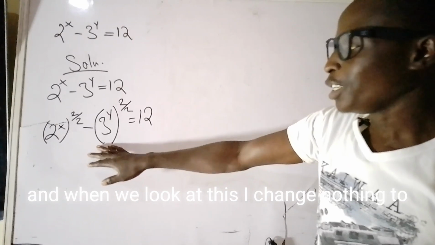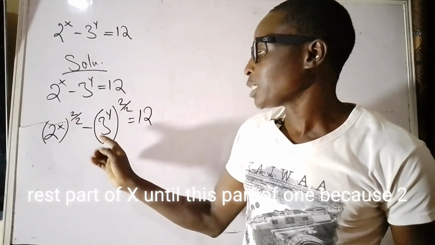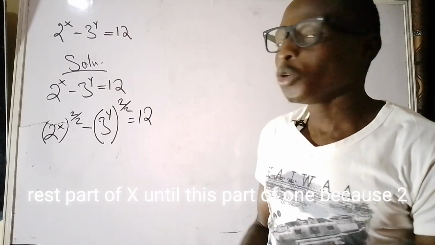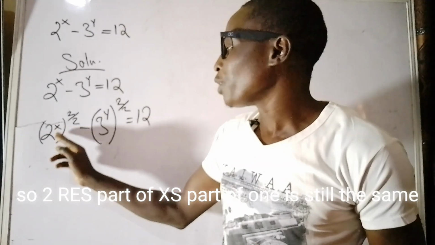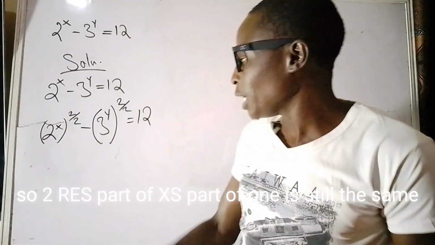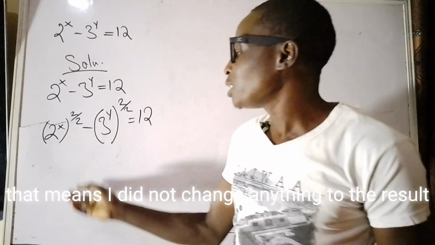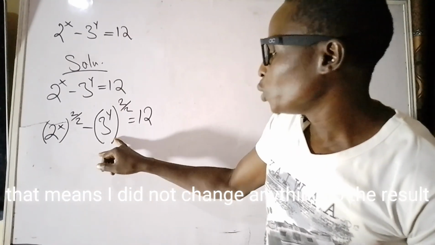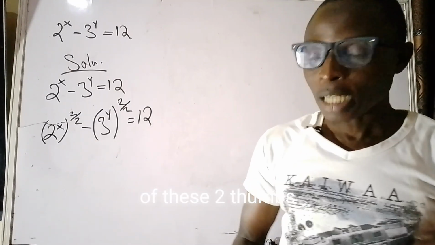When we look at this, I change nothing to the result of 2 raised to the power of x and 3 raised to the power of y, because 2 over 2 is 1. So 2 raised to the power of x raised to the power of 1 is still the same. 3 raised to the power of y raised to the power of 1 is still the same. That means I did not change anything to the result of these 2 terms.